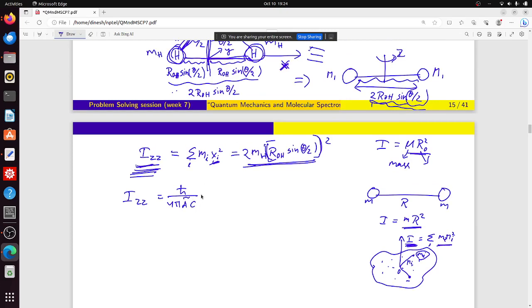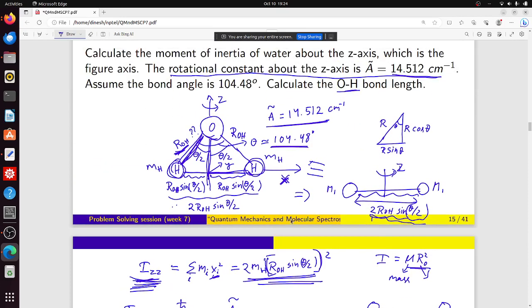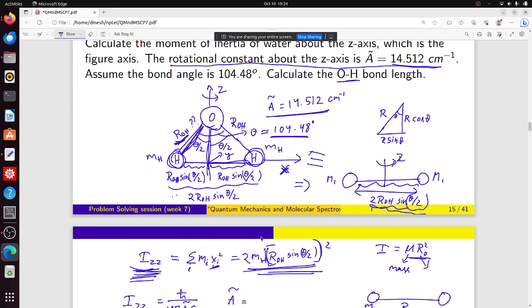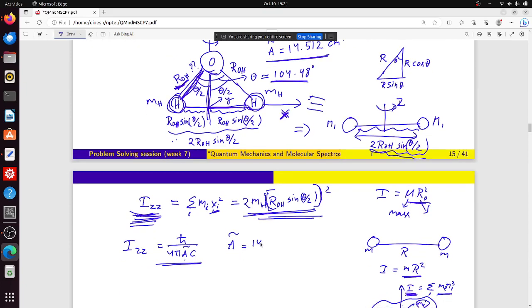And we already know I_ZZ to be of this value, and this A tilde value is already given. It's 14.512 centimeter inverse. Now what we can do, we can equate these two equations.